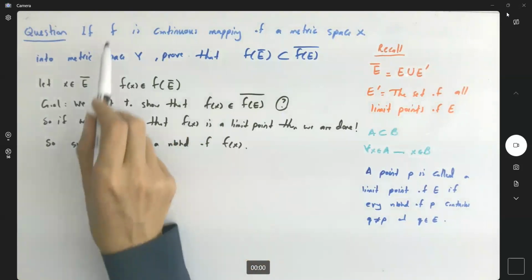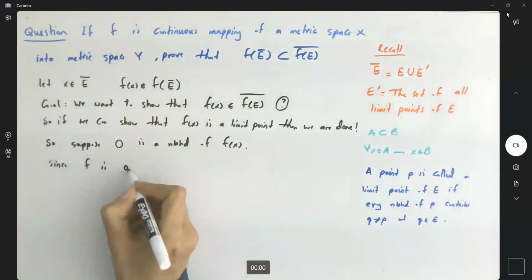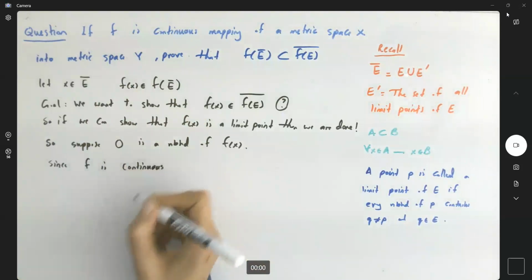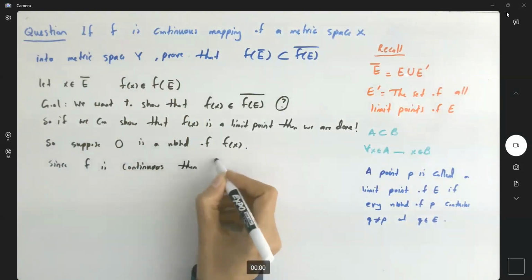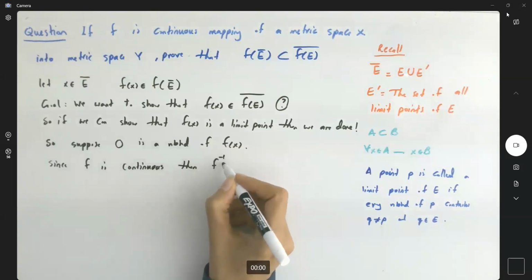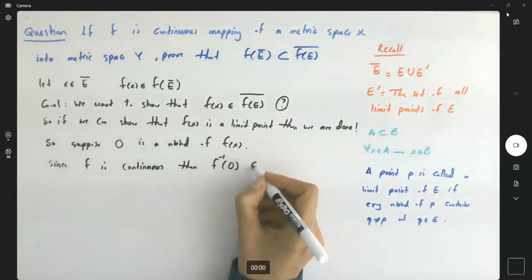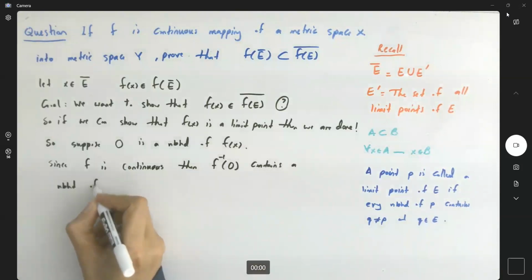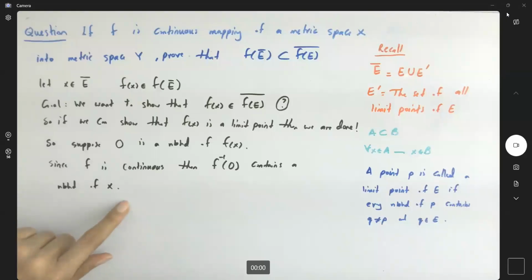Let us use the fact that f is continuous. Since f is continuous, the inverse image of O contains a neighborhood of x. Why is that? Take a look at the following.